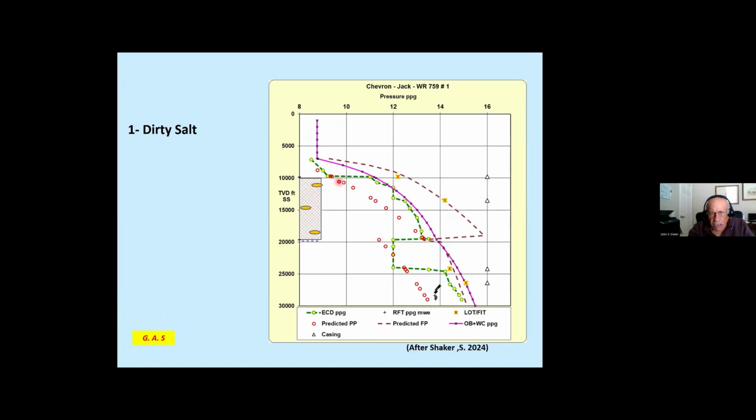And the mud weight increased 3 pounds, jumped from this point, entered the salt, before entering the salt, keep going, increase, increase, increase, and then the frac pressure hit the mud weight, and the well lost circulation 100%.